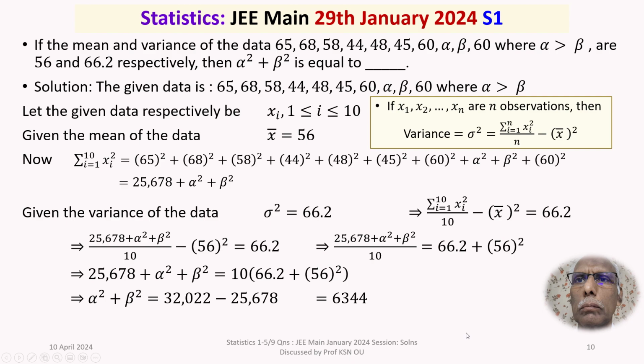Agreed. So the answer to this question, alpha square plus beta square, is equal to 6,344. So that is the detailed discussion of the solution of this problem, and it is definitely an easy question. I am sure that you have understood the solution of this problem.